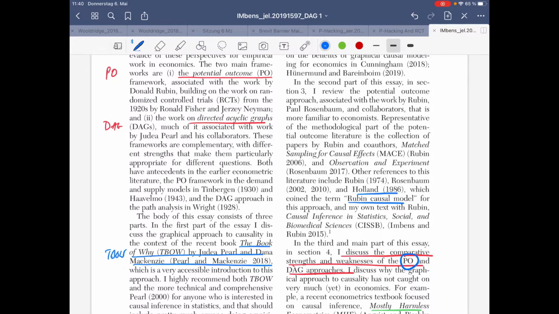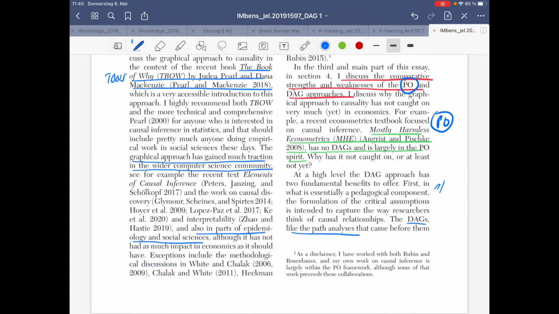Our main book here is Angrist-Pischke, and they exclusively refer to the potential outcome approach. Or in other words, textbook authors like Angrist and Pischke and also others mainly ignored the DAG approach, as did I, but now it's the first time I come up with that in a lecture.